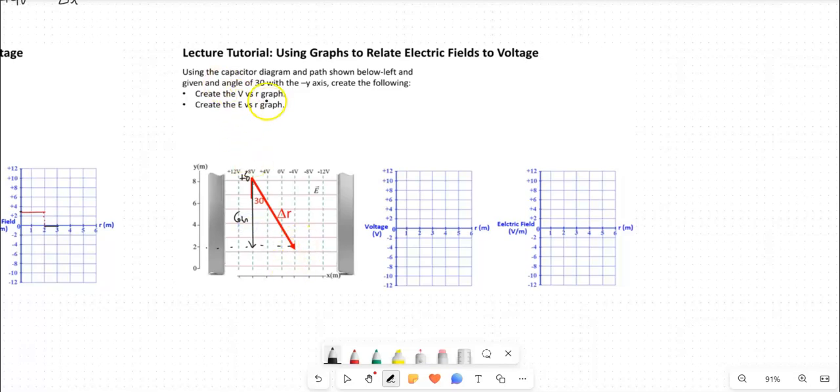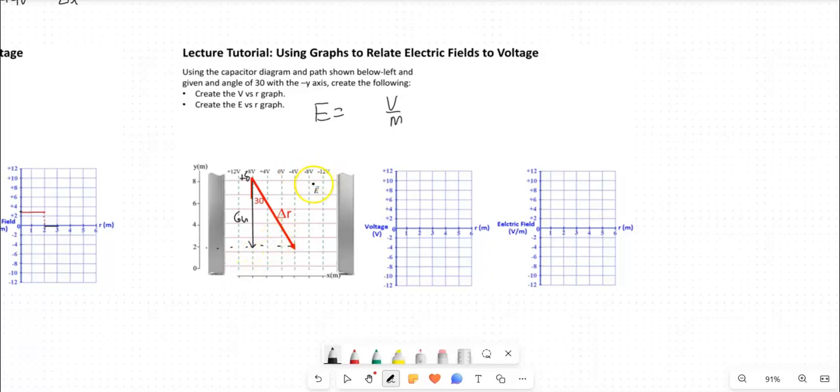Now, we need to create a V versus R graph. We need to create an E versus R graph here, okay? And we're going to also indicate the electric field in volts per meter. And we don't need to indicate the direction of the electric field here because the voltages are laid out above here.